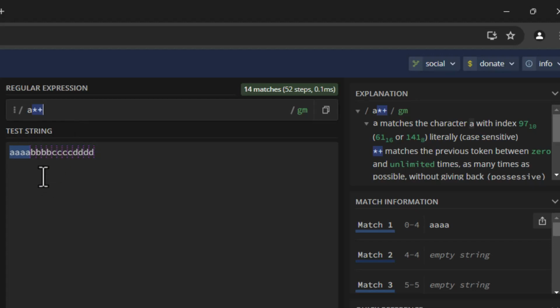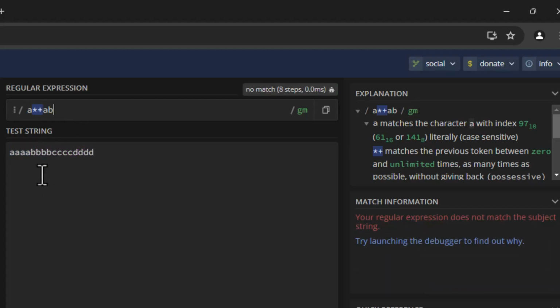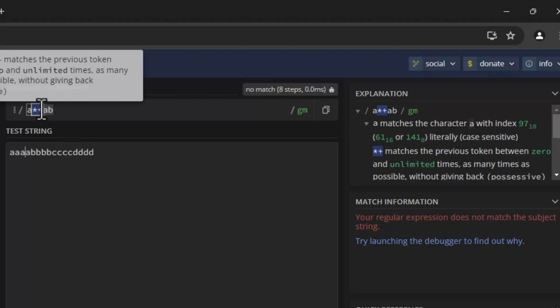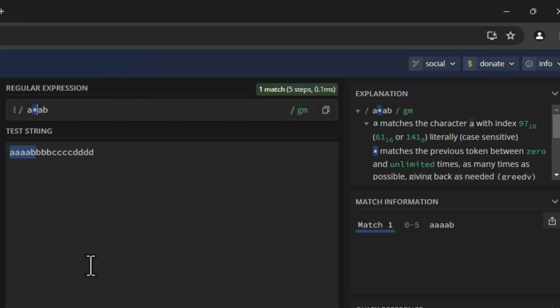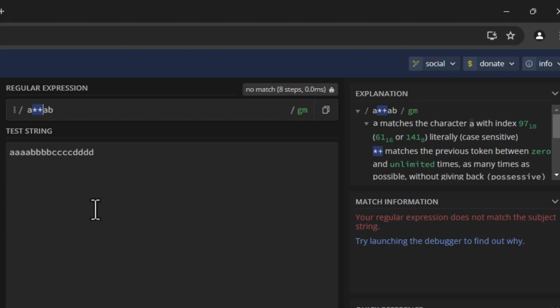So now if I type AB at the end, then it could have given up one A in order to match this part with this, right? Giving up one A out of 4 to be left with 3, but it didn't, right? If I remove this, then you see it matches the entire string. If I introduce this, it would also match because it is giving up one A in backtracking to match the entire expression, but plus won't do so. Plus is going to capture a value and it's going to stick with it.